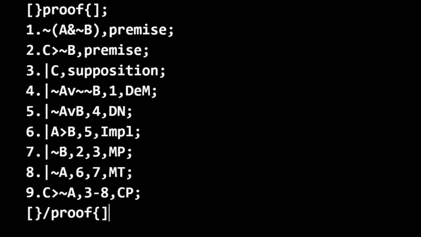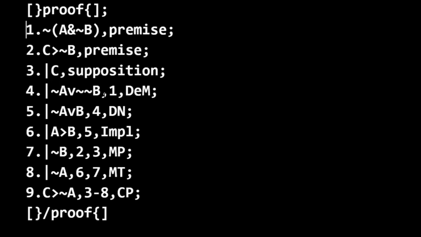So that is one way of doing this. However, we see that, especially in line 4, we're only appealing to line 1.